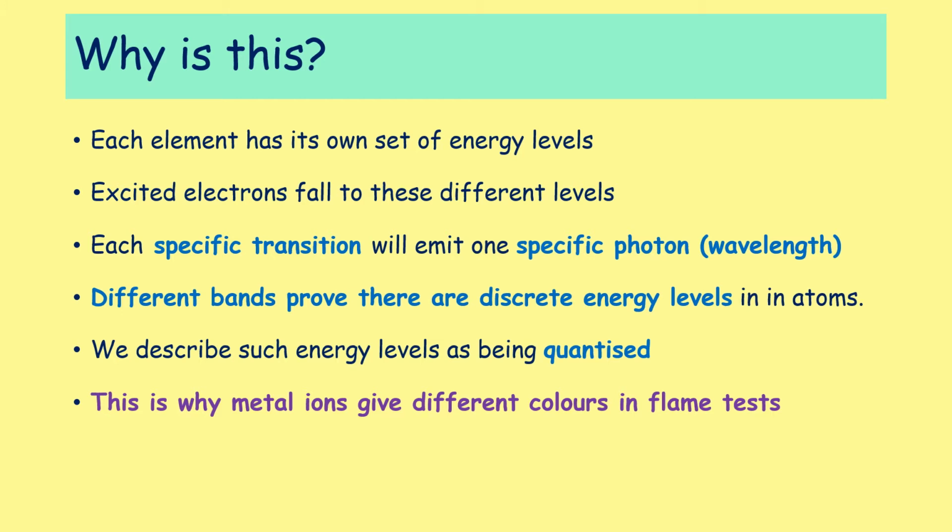Those photons of light give off different colors depending on the energy difference between the higher and lower energy levels. And for every type of metal, that energy difference is going to be different, and it's going to happen at a different wavelength of light corresponding to a different color. So that's why you can use the different colors to classify and identify the different metals used in a flame test.